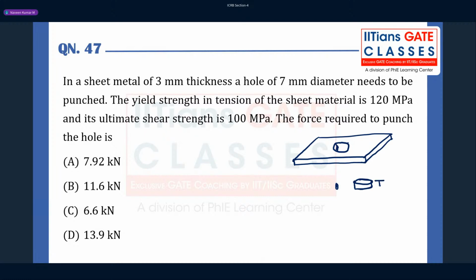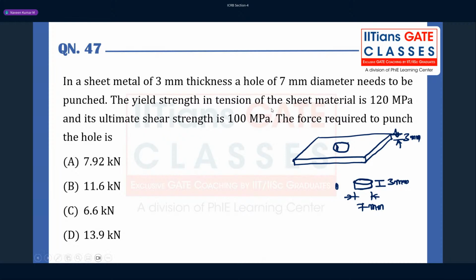The thickness is 3 mm and the diameter is 7 mm. Right? Now you're punching it, to make the hole.